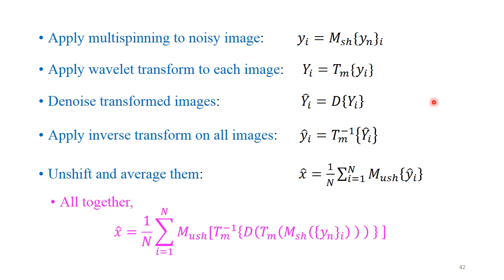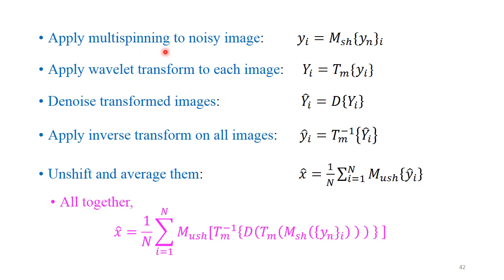Now the procedure of implementation is given over here. Step by step you can clearly understand. Apply multi-spinning to the noisy image. Apply multi-spinning in the sense we have to perform the shifting of the images, row wise shifting, column wise shifting, and without shifting 1 image. Total 7 images we have to create. So that is the concept we are going to have.